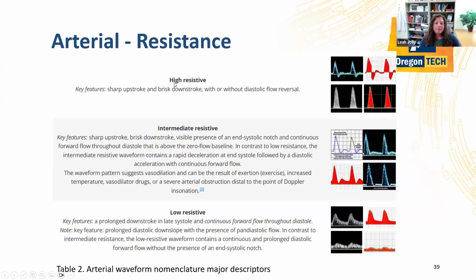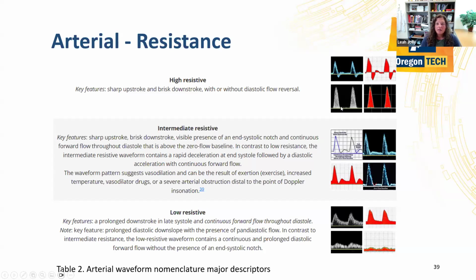Okay, so high resistive means that this particular vessel doesn't need a lot of flow right now. Here we've got that multiphasic waveform, it's crossing the baseline. This is high resistive flow. In this case, this is forward, with no reversal, but there's still no diastolic flow.